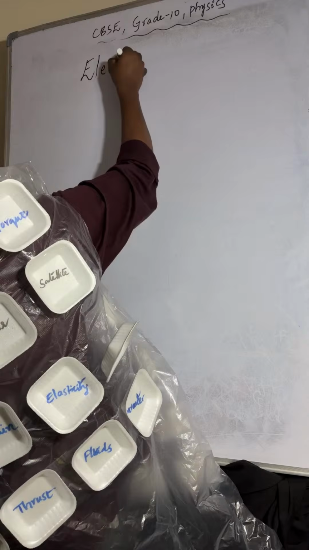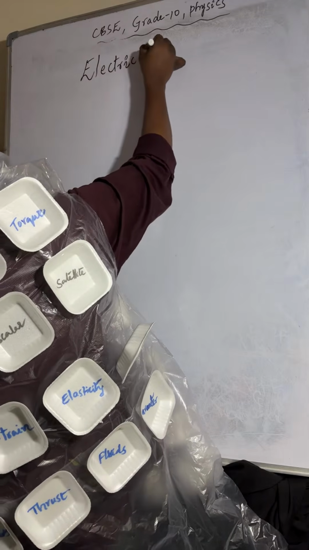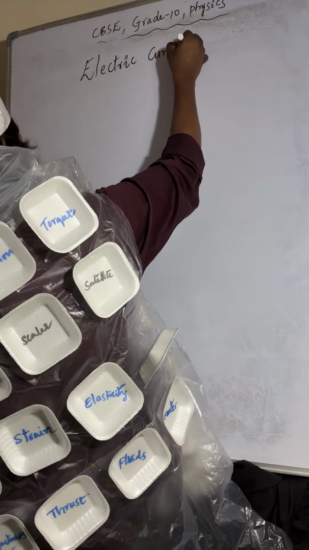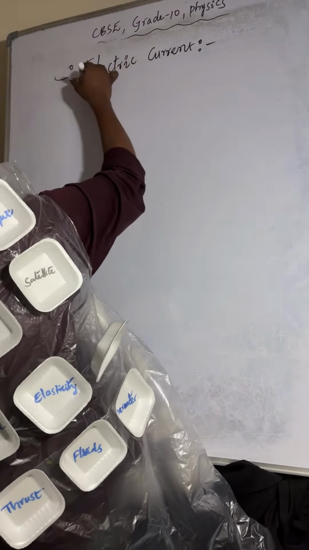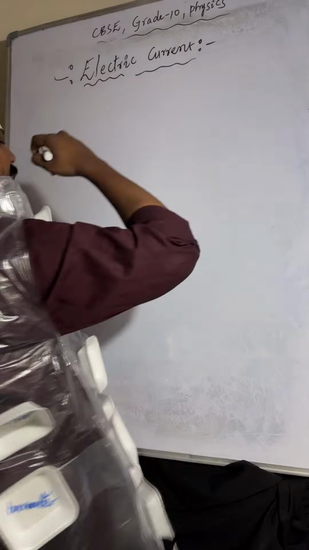The SI unit of current is ampere, the SI unit of charge is coulomb.